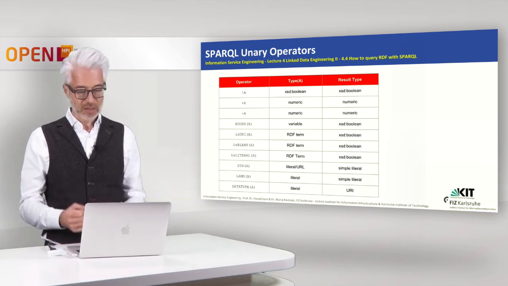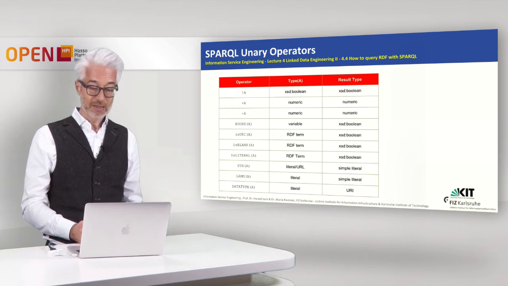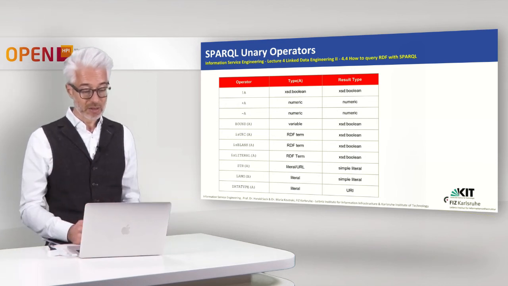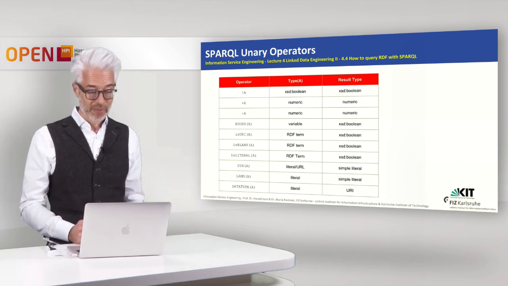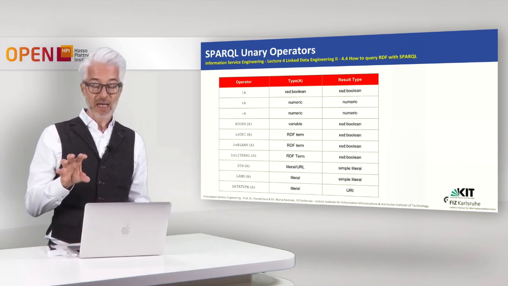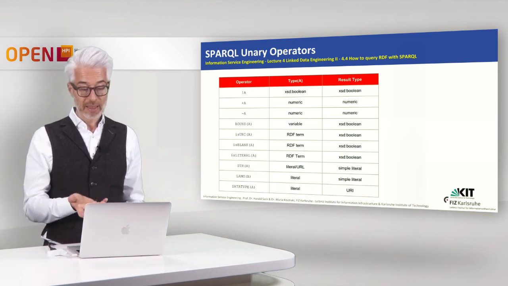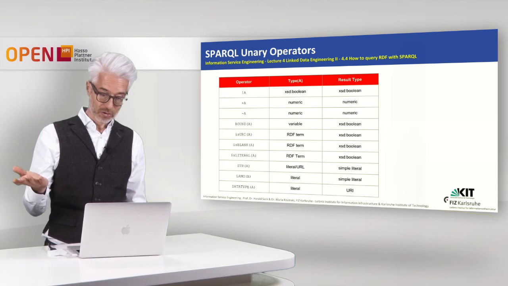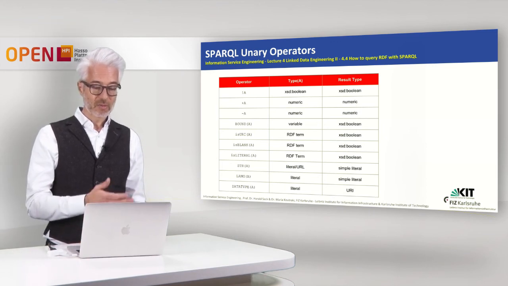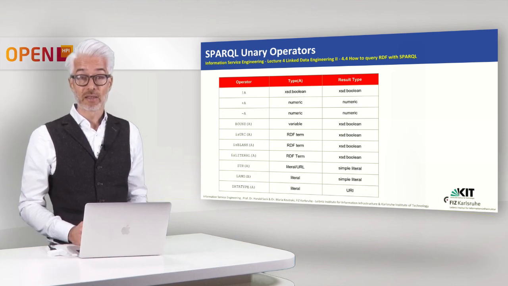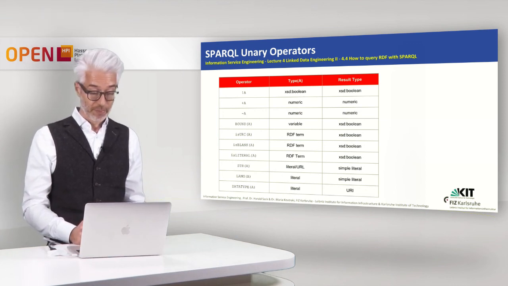So the result will be a Boolean value. If bound yes, then the result is true. If bound no, then the result will be negative or false. Then we can ask whether a specific RDF term represents a URI or not. Again, the result can be Boolean, true or false. We can ask whether the RDF term is a blank node, and we can also ask whether the RDF term is a literal or not.